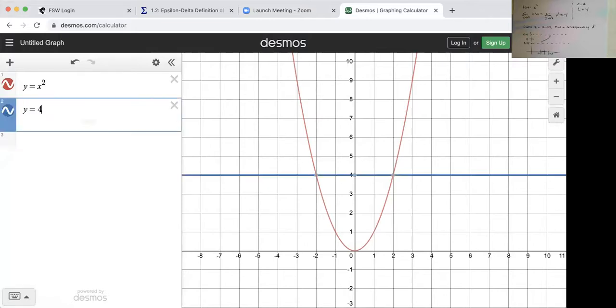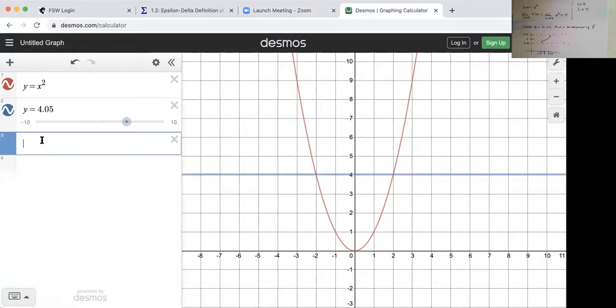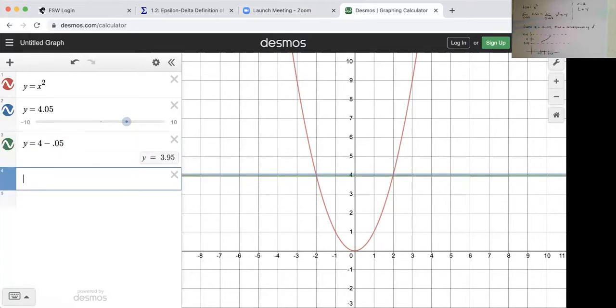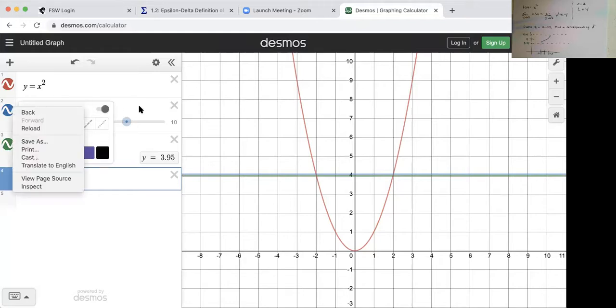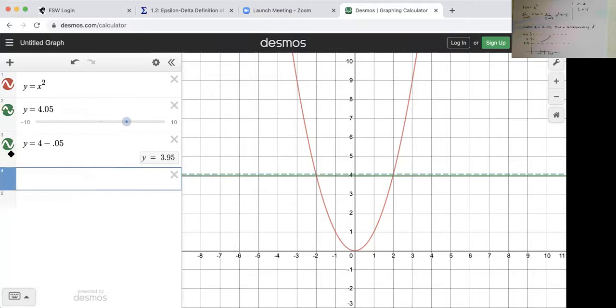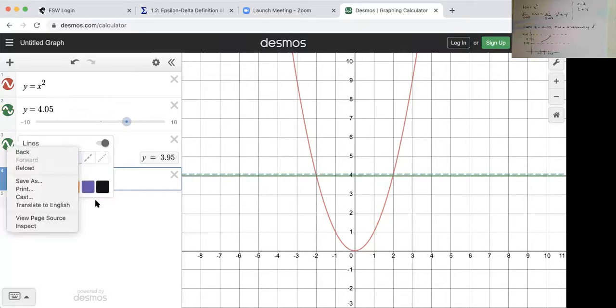So y equals 4 plus 0.05 and y equals 4 minus 0.05, 3.95 to 4.05. And let's make those dotted lines, dotted lines in green maybe.